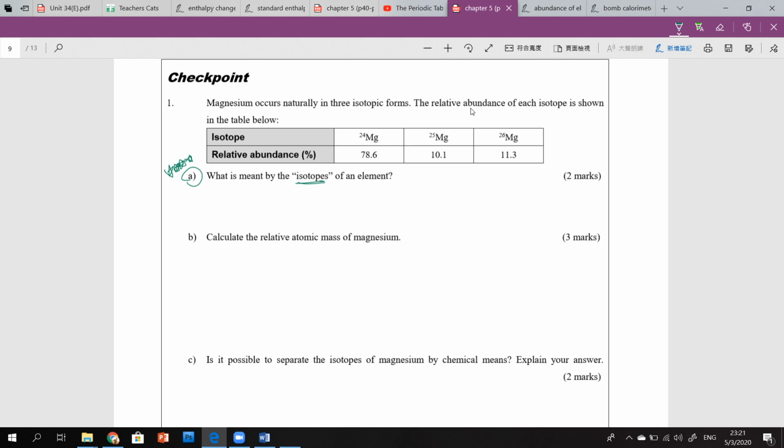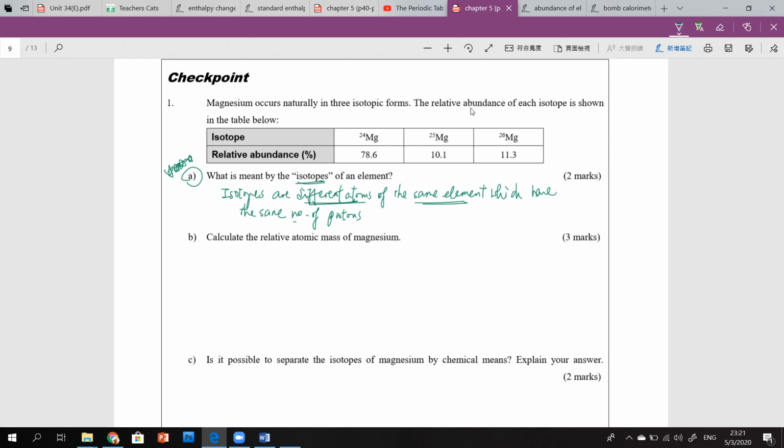So what is meant by isotopes? Remember, you have to memorize the whole term. Isotopes refers to the different atoms of the same element. Remember, same element, yes, that's right, but under the same element, they have got different atoms, which have the same number of protons.